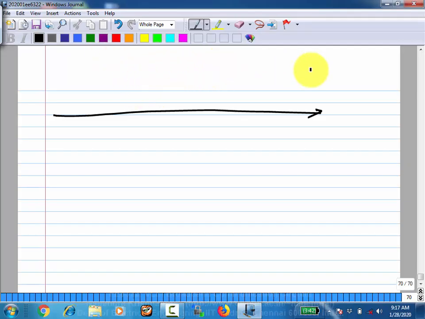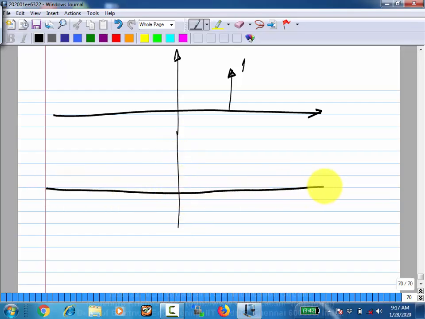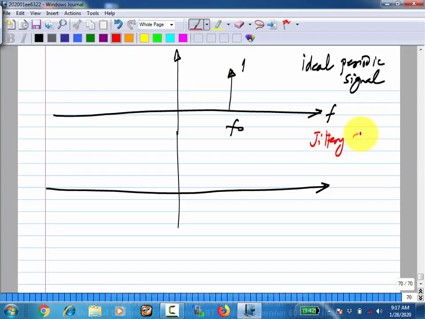So I'll show only the fundamental components. If that is normalized to 1, okay, this is an ideal periodic signal. A real jittery signal will have a spectrum which is approximately like this. It will have that 1, and in addition to that you have the spectrum. And what is this?